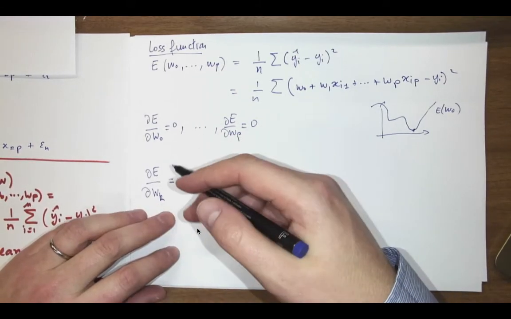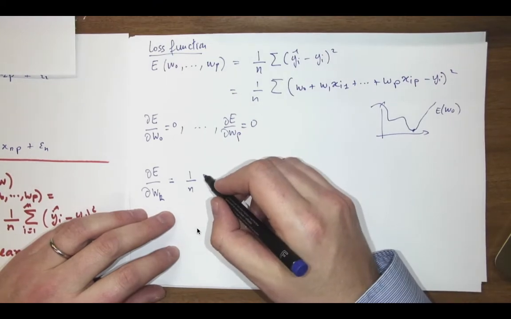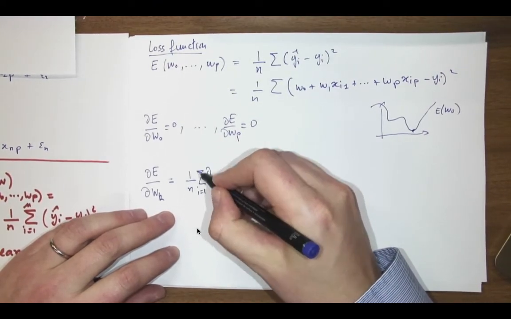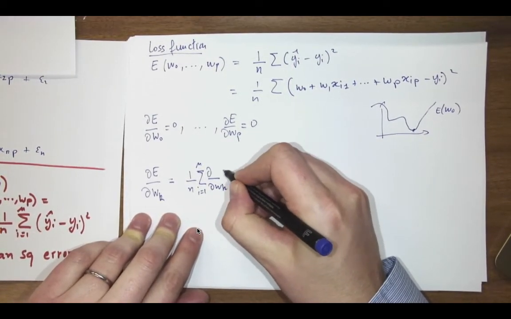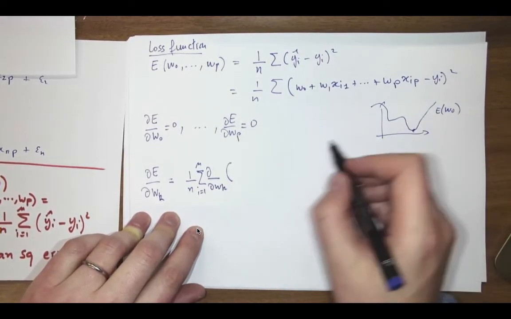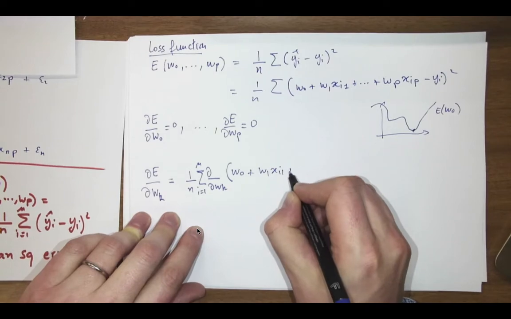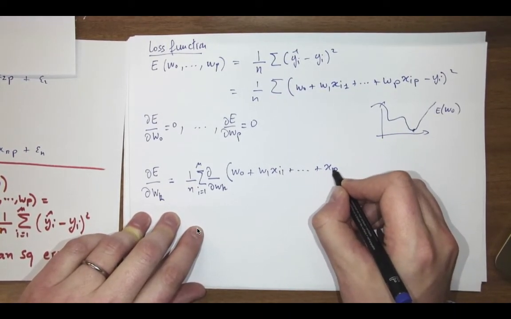The derivative operator is linear in that case, so you have still a sum here, and the sum goes here, and you just need to be able to compute the partial derivative of this expression.